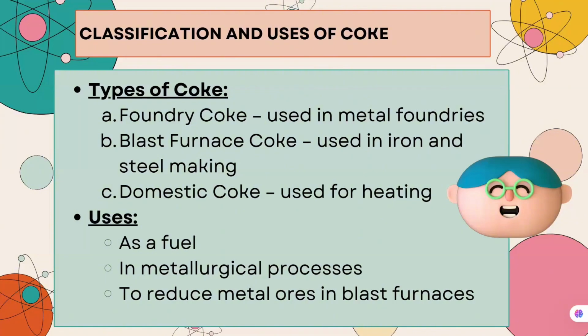This separates the iron ore impurities. And then we have domestic coke used for heating. So uses in general, we can use them in metallurgical processes, like metal making, and to reduce metal ores in the blast furnace, which is part of blast furnace coke.